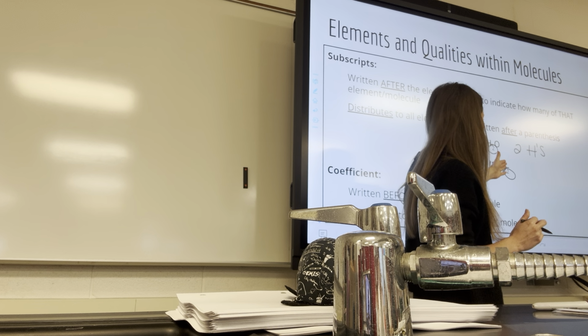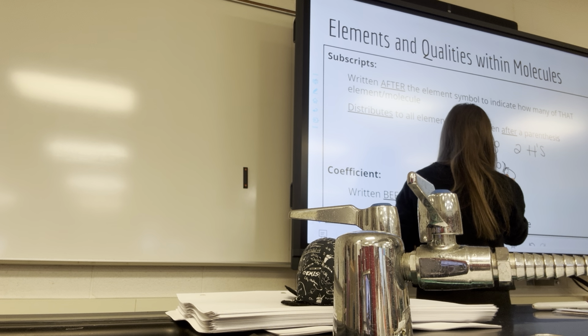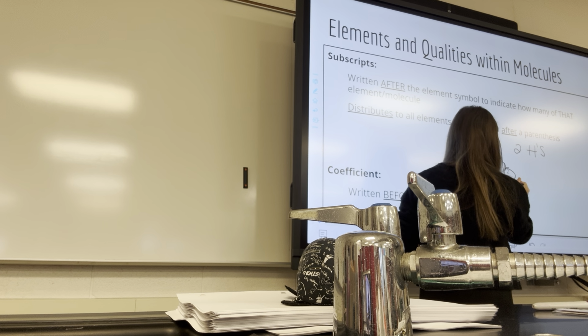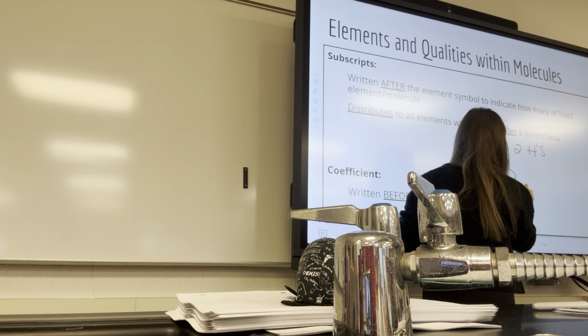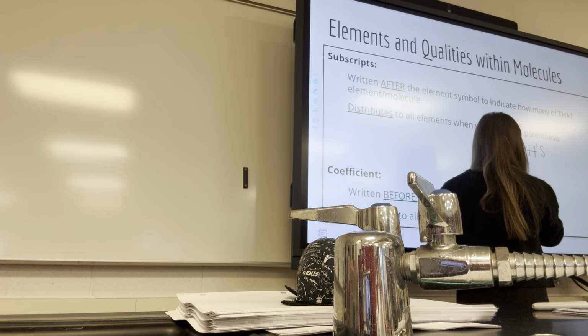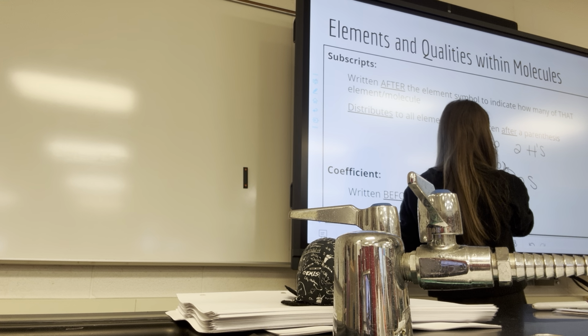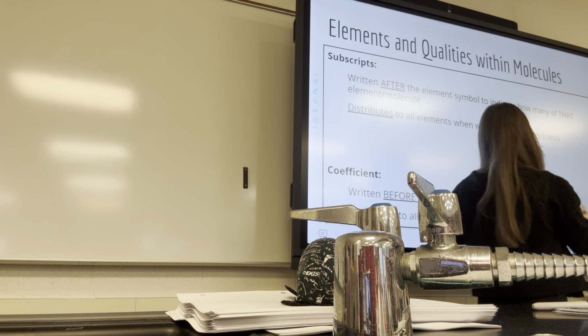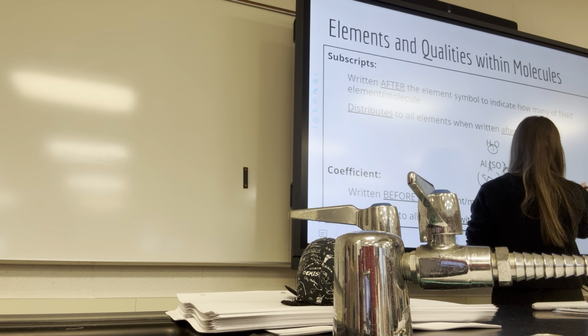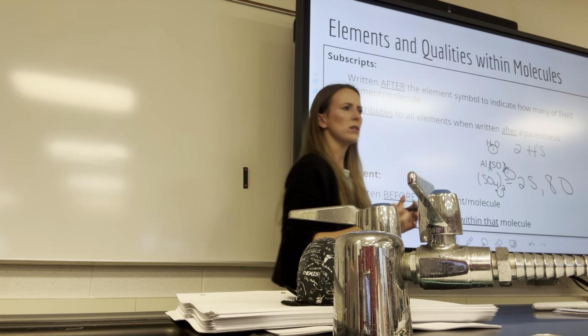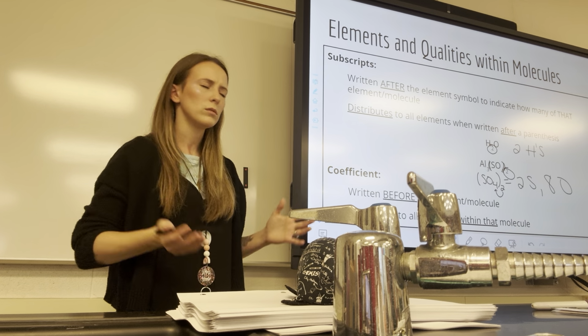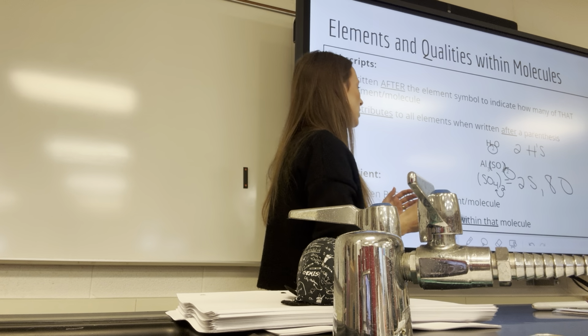So when you read this, it actually means that there's 2 S, but we're also going to multiply this 2 by 4 here, which means that we have 8 O. Does that make sense? Just simple multiplication there.